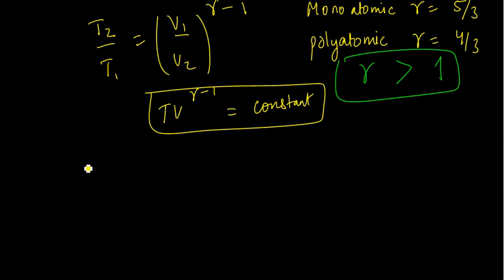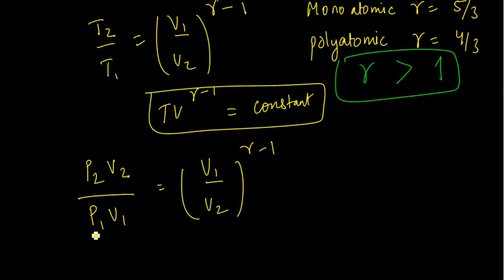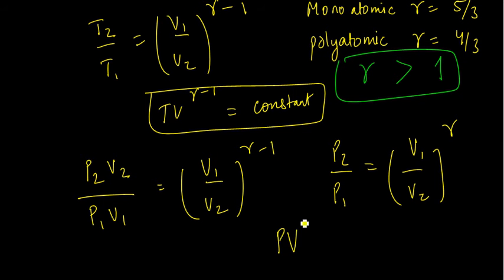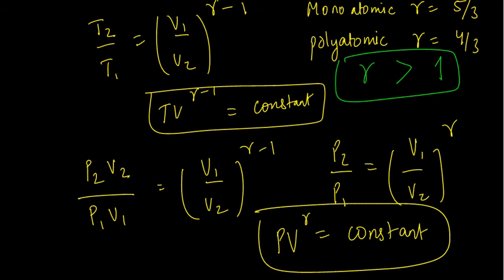So that would give me P2 V2 by R over P1 V1 by R, so R and R cancel, is equal to V1 by V2 to the power gamma minus 1. So V2 goes over here, V1 goes over here, minus 1 gets cancelled, so P2 by P1 is equal to V1 by V2 to the power gamma, or PV to the power gamma is equal to constant. So these are things which you already know and you always need to know.